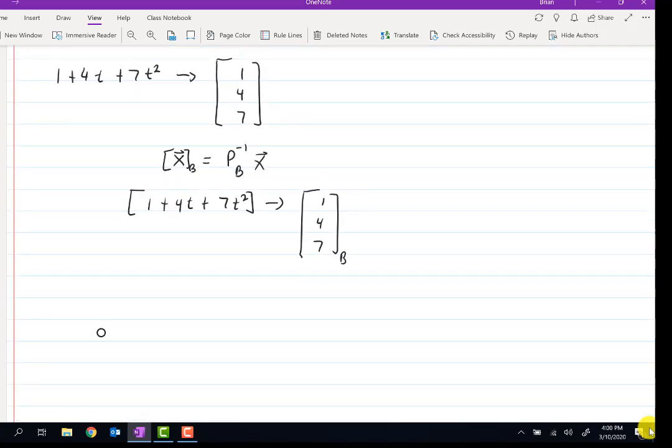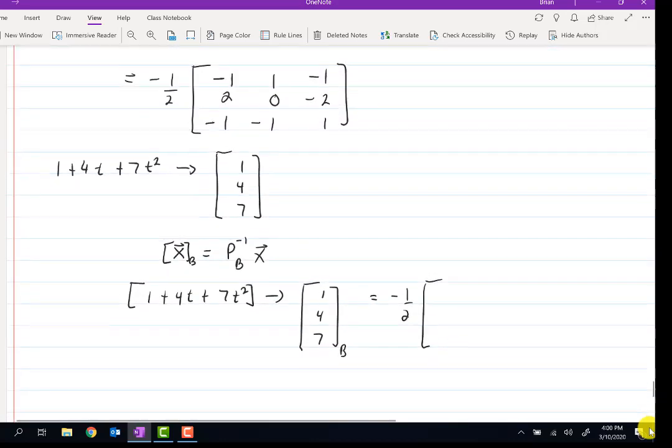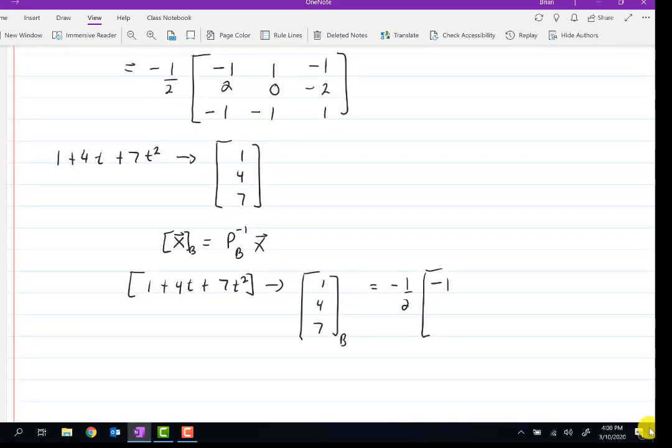And that's going to equal negative 1/2 times, let's see, negative 1, 2, negative 1, 1, 0, negative 1, negative 1, negative 2, 1.